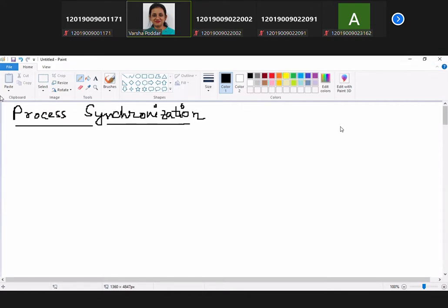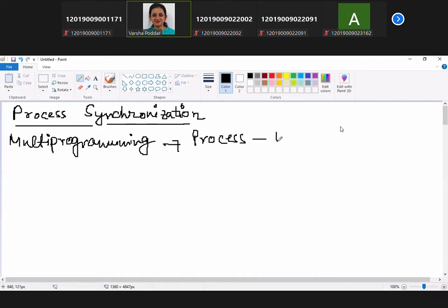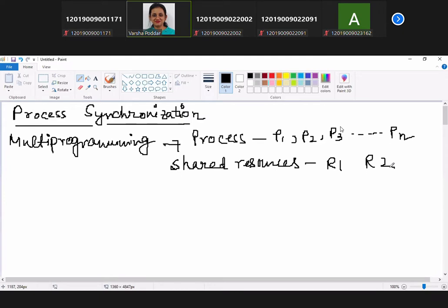We have studied multi-programming OS, right? So suppose I have multi-programming, not multitasking where the time slots are different, a multi-programming system where I have the number of processes active as P1, P2, P3 up to Pn, right? And I have my shared resources as, suppose, R1 and R2.